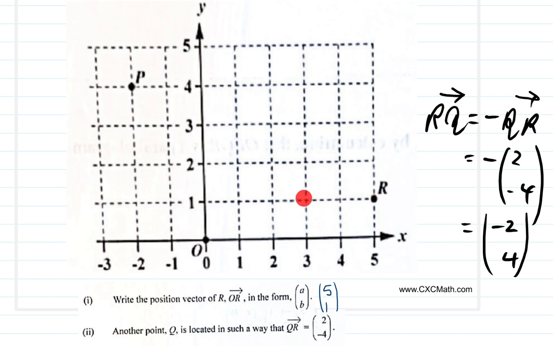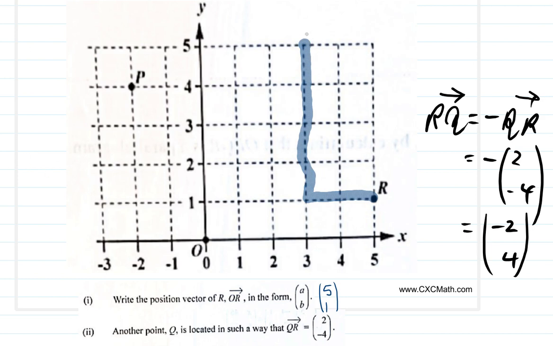So we end up over 3, and then we move positive 4, which means 4 up. 1, 2, 3, 4. We would end up at 3, 5. So you see that it will be from R, negative 2, that's 2 units to the left, positive 4, 1, 2, 3, 4, 4 units up, and we'll end up here.